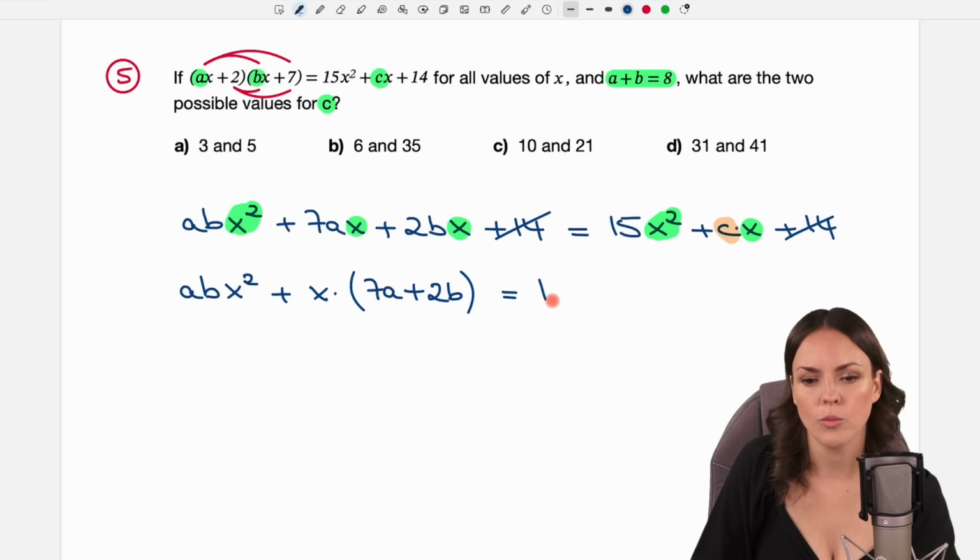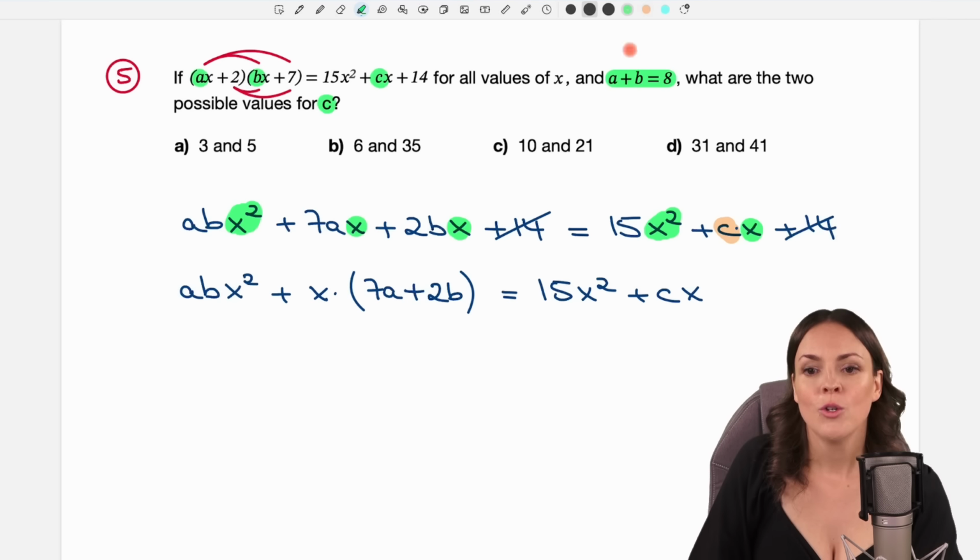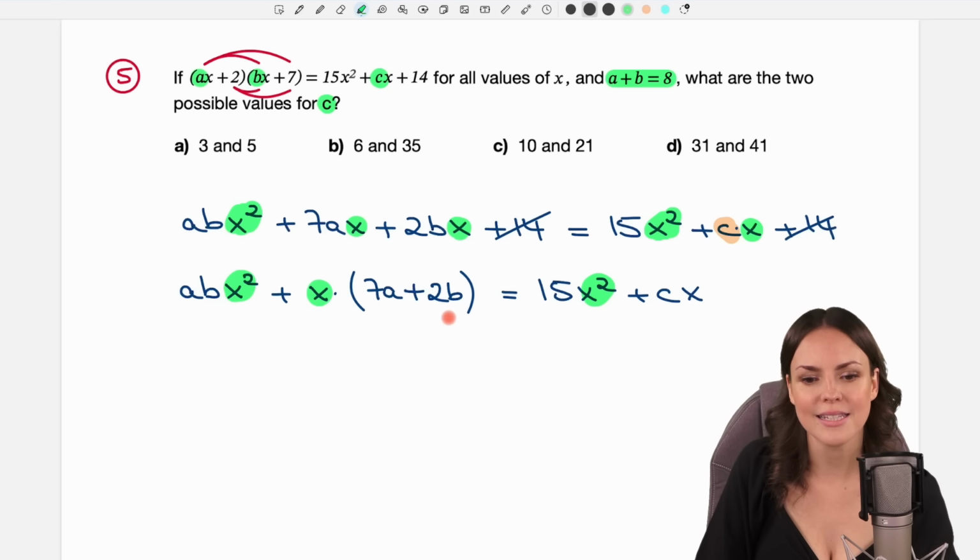And on the other side, we also have a part with x squared and our part with x. So if we compare it now, we still have the x squared part here and the x squared part here. And then we have one spot where my x is this time, and here as well.